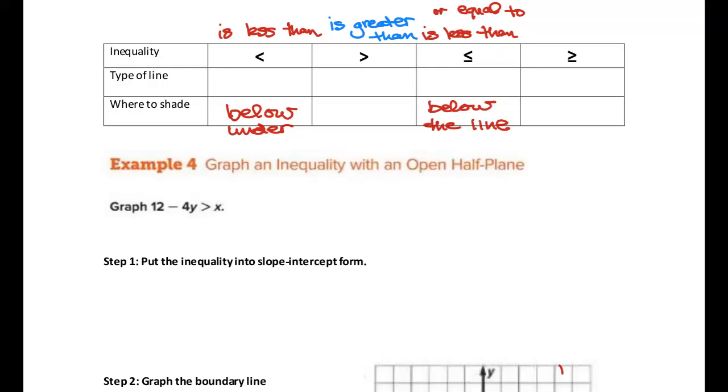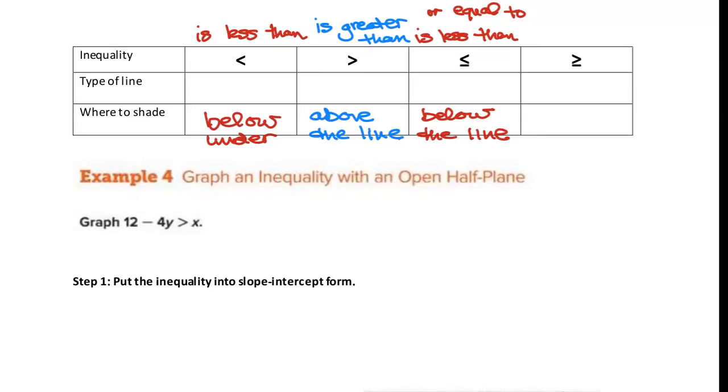So you're going to shade above the line or on top. And finally, the last one is greater than or equal to, and you are going to shade above the line for that one. Because it's greater, it's on top.